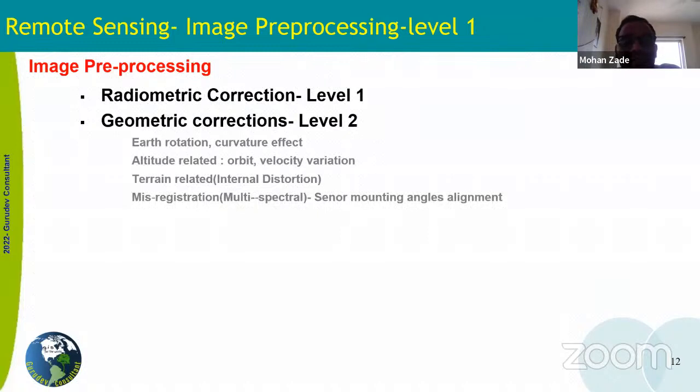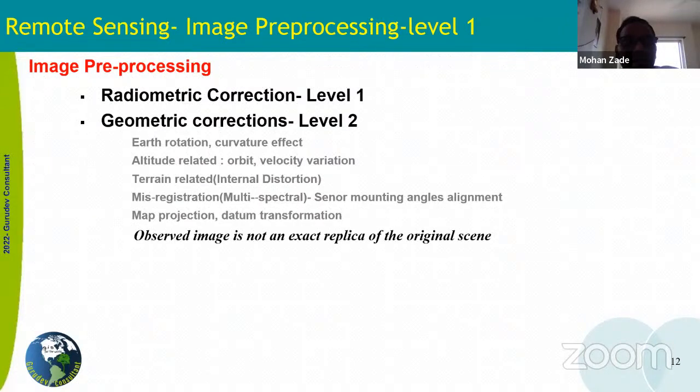Then misregistration, if there are multi-spectral images, can be corrected using the geometric corrections. Then some map projection and datum transformation can also be done in the geometric corrections.